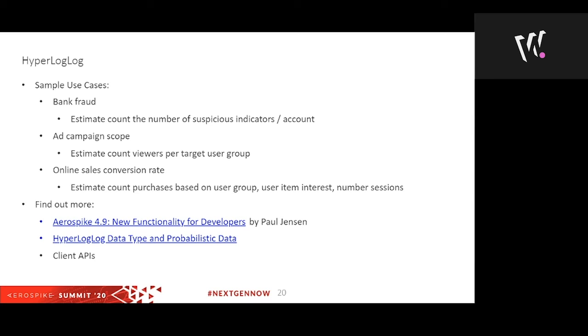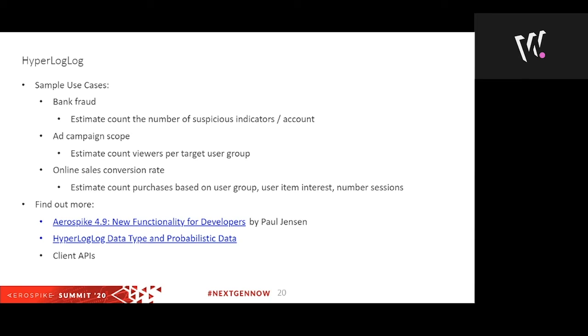So some sample use cases of where HyperLogLog might be useful: if, for example, you were doing bank fraud detection and you wanted to estimate the count of a number of suspicious indicators for each account. Another example might be if you were doing an ad campaign and you wanted to find the scope of it by estimating how many viewers you have per target user group in your data.